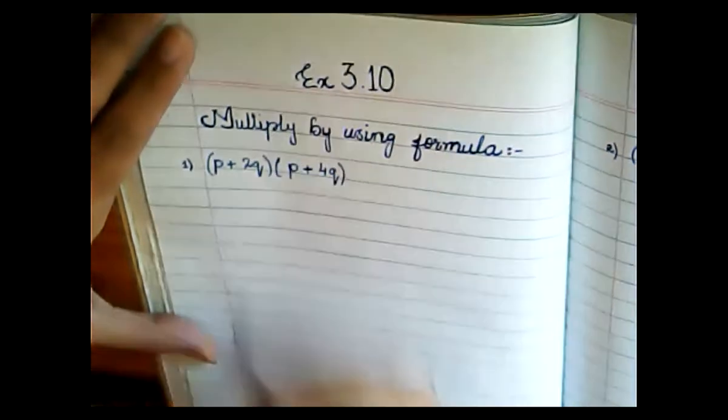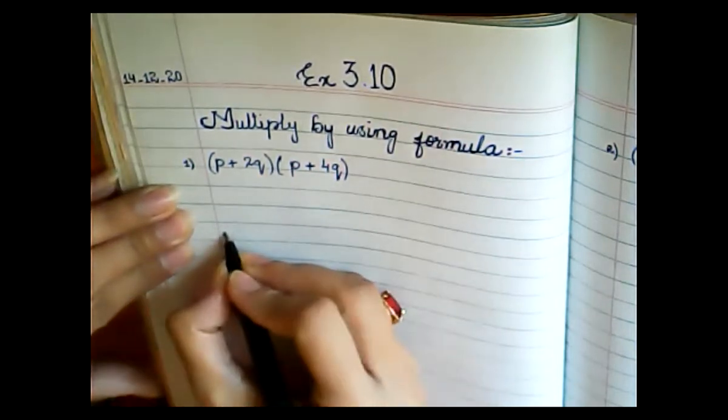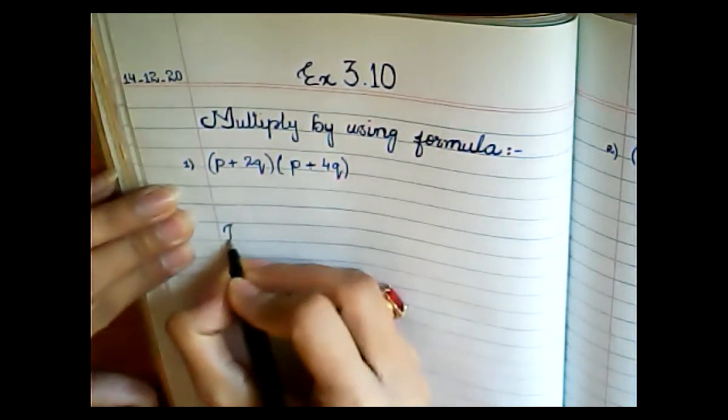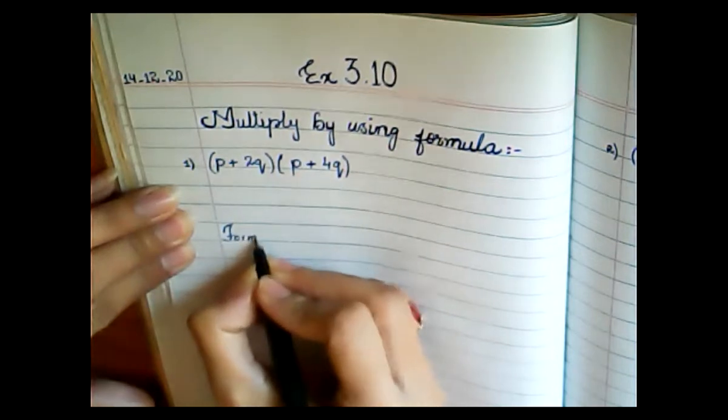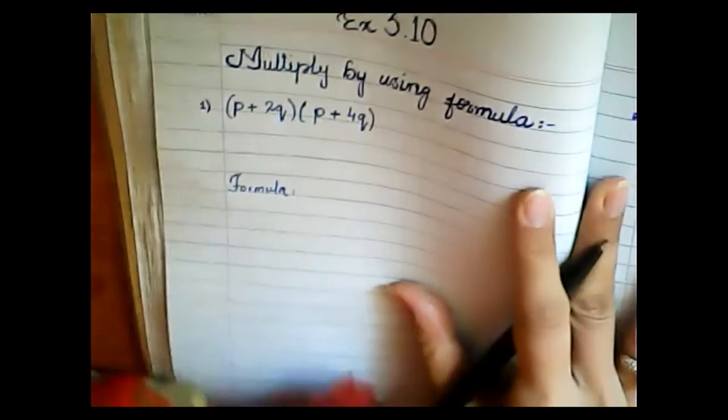Now, can we apply the given formula? Yes, because here the first term is the same and the second term is different. So we can apply the formula over here.